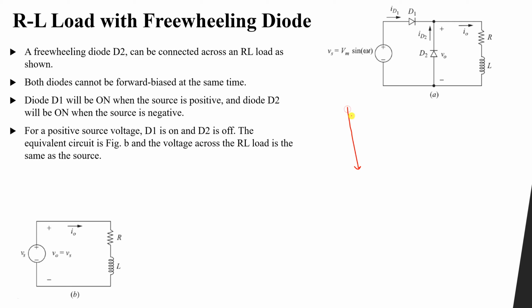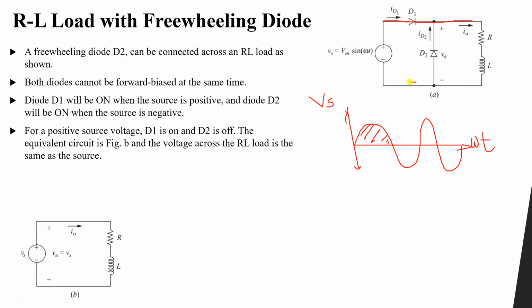So we have our waveform V supply with respect to time, or omega t, right? So the supply voltage is like this, we have positive and negative. During the positive part, this diode will become a short circuit.